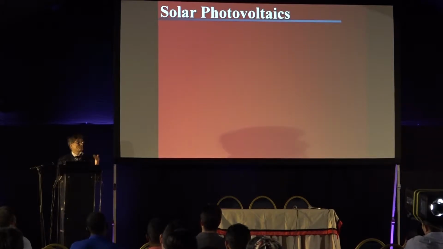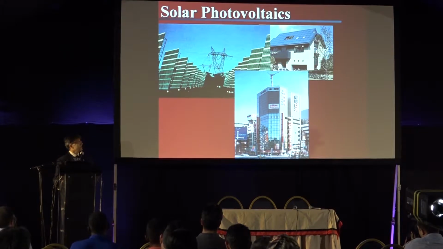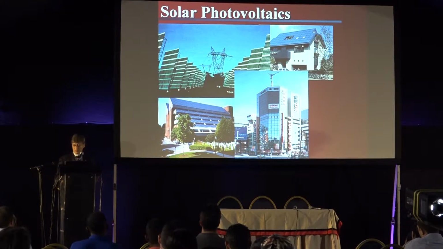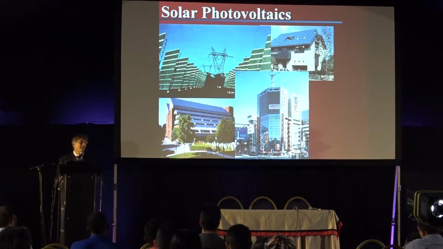So that was the beginning of the development that has come up to this point where we can have multi-megawatt power plants based on photovoltaics, or we can have small ones that run our calculators.